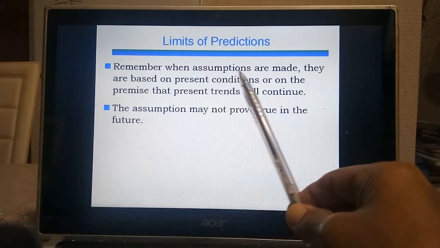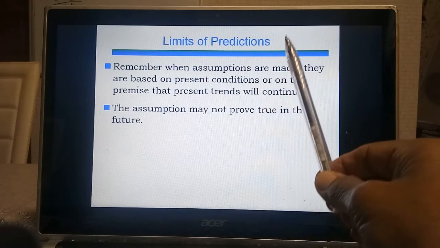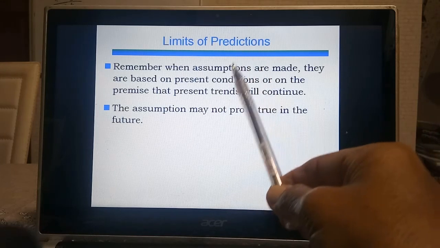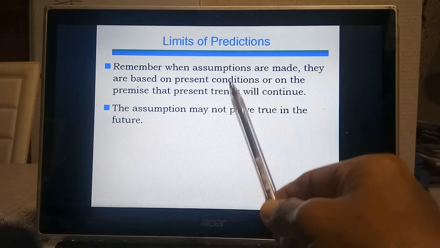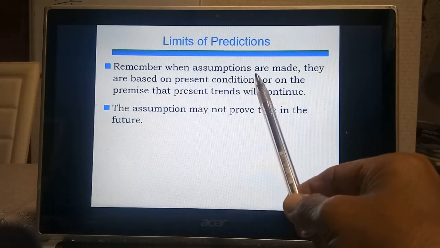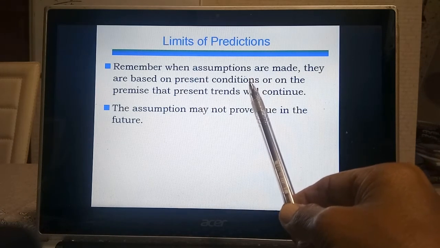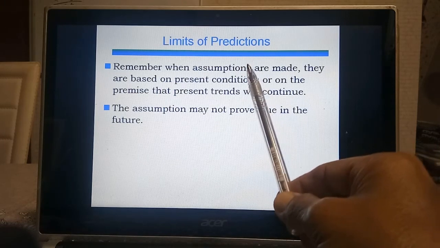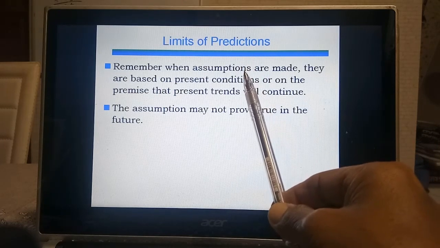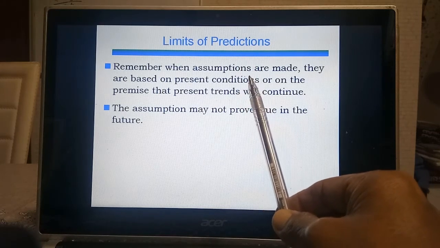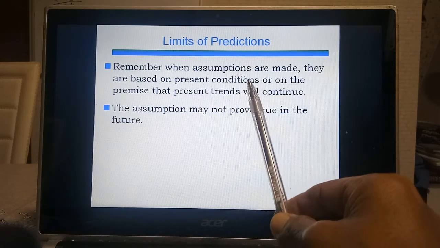Okay, limit of predictions is when we make assumptions, they are based on present conditions or on the premise that present trends will continue. Ini assumption yang kita kena buat. So limitnya, makna limit tu, assumption kita tu hanya valid pada masa tu, pada ketika data-data tu diambil, itu saja.